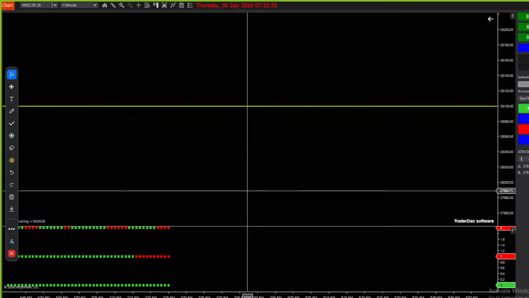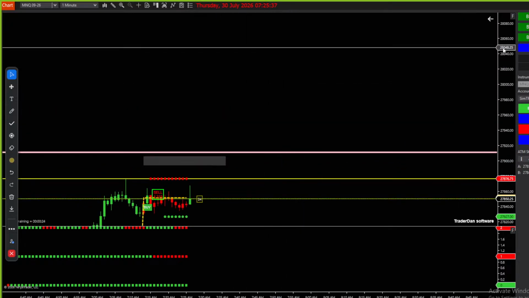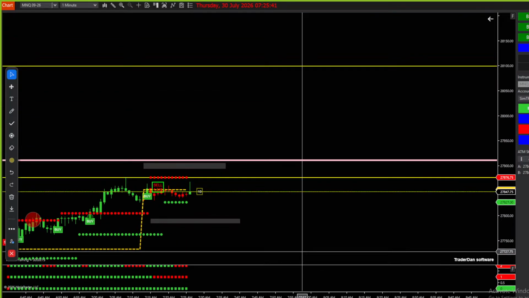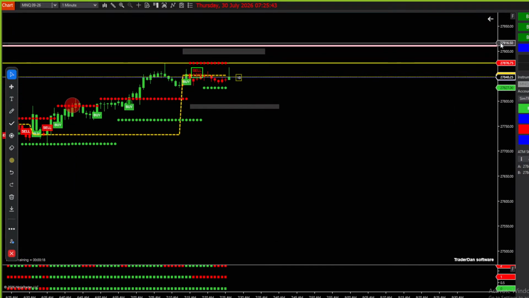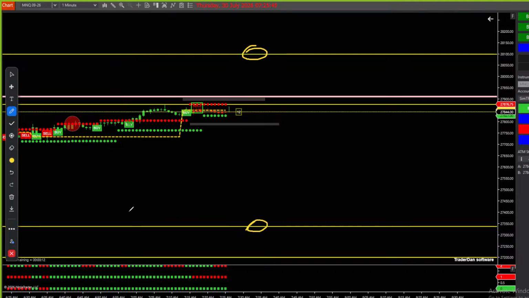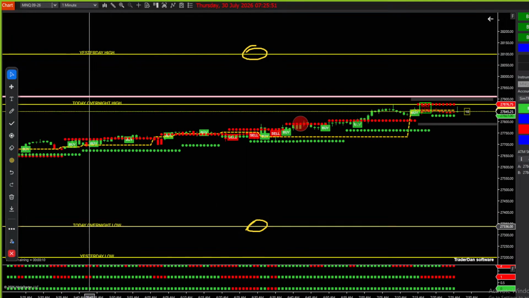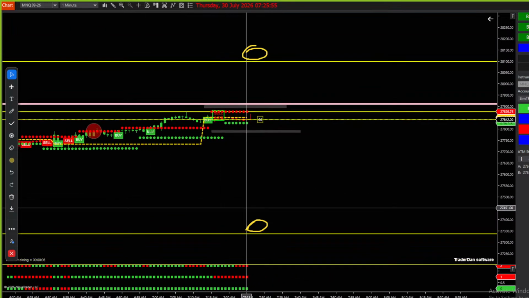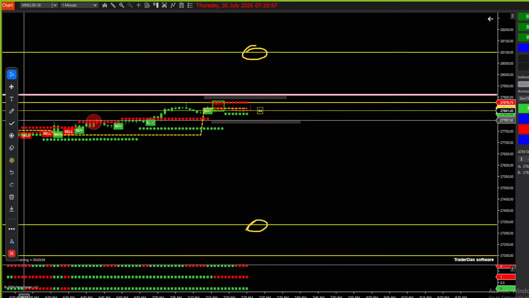Here's yesterday's high. So we are range bound between yesterday's high and the overnight low. Yesterday's low is just a little bit lower. So we're range bound, and this looks pretty good.